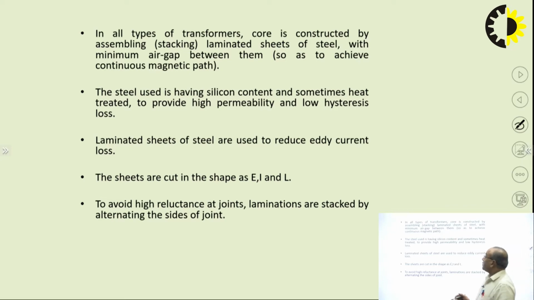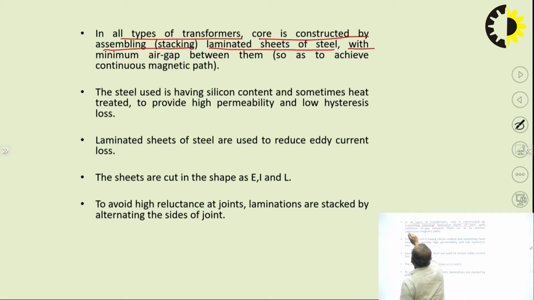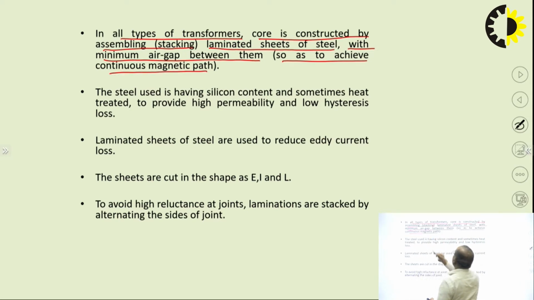Other than that, in all types of transformers, the core is constructed by assembling or stacking laminated sheets of steel. The material used is steel, but we take laminated sheets of it with minimum air gap, or almost no air gap, between them, so as to achieve a continuous magnetic path between the various sheets.